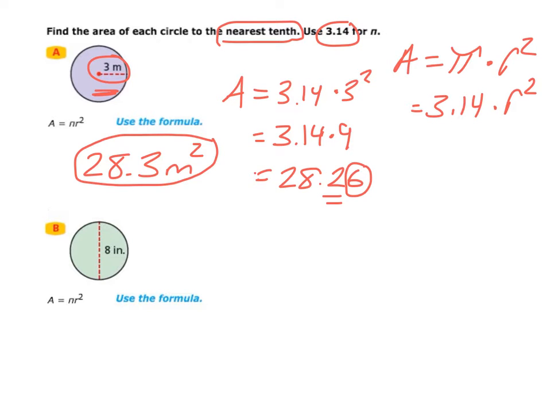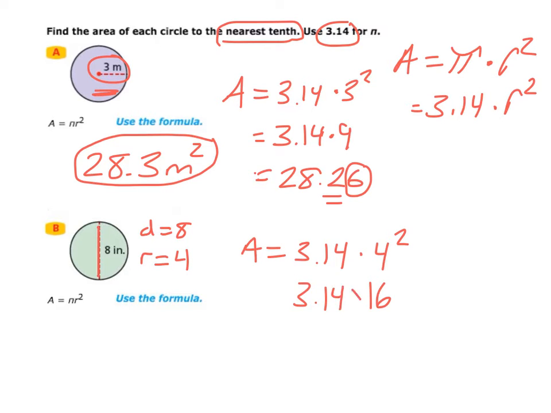Example B. In example B, they gave us a diameter. If the diameter equals 8, then what's the radius? Well, radius is half the diameter, so the radius is 4. So let's substitute in 4 for r. 3.14 times 4 squared. 4 squared is 16, so 3.14 times 16 will be my area of this circle.